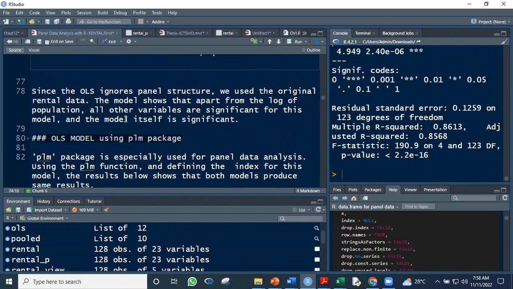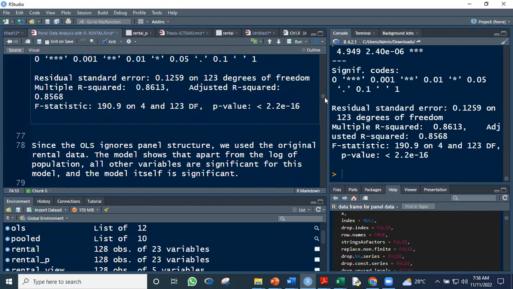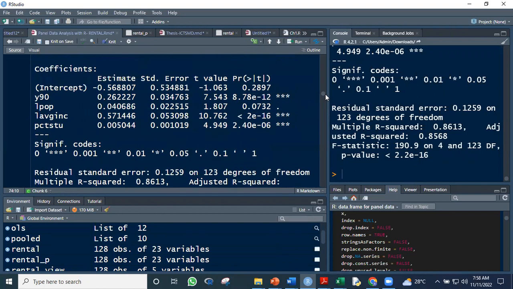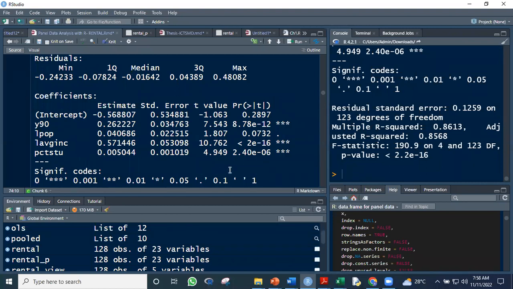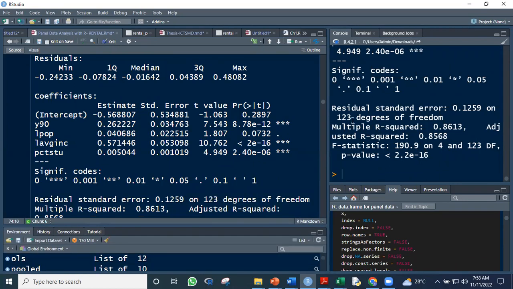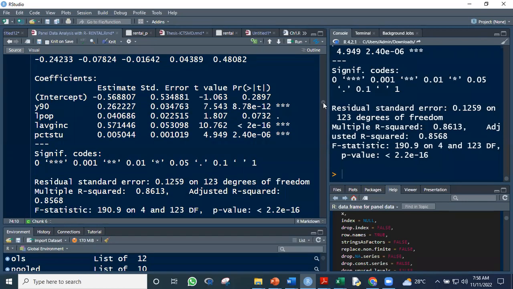Okay, so here our comment is that since this is just an ordinary least squares, we did not treat the data as a panel data. Then we can see here the result. The adjusted R squared is 85.68%, around 86%. And overall goodness of fit, p-value is practically 0.